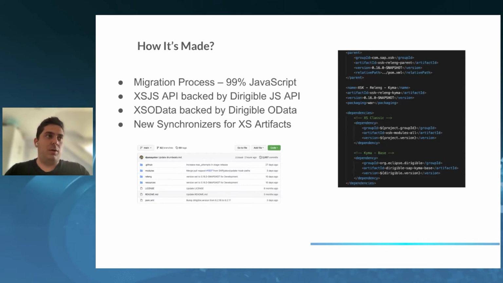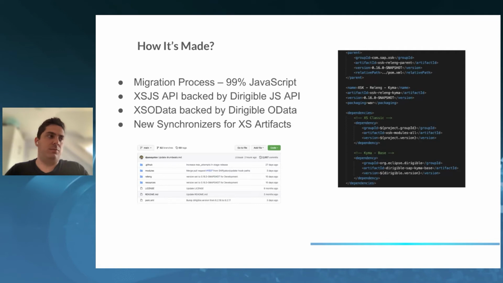The cool thing about it is that in Dirigible, we've made it possible to execute JavaScript as handlers for each and every task. And what we did with project XSK is to provide this setup, having a BPM process which has underneath JavaScript handlers, and actually, let's say, 99% of this migration process is JavaScript.